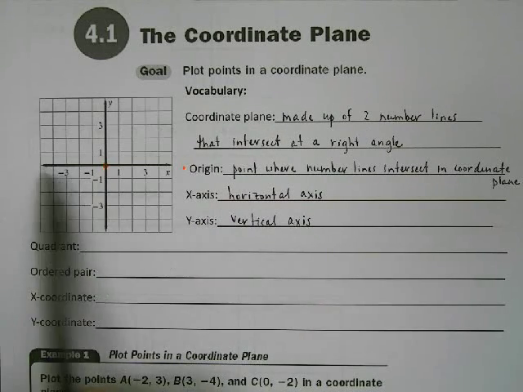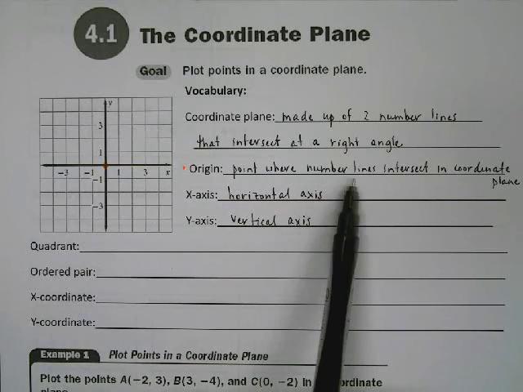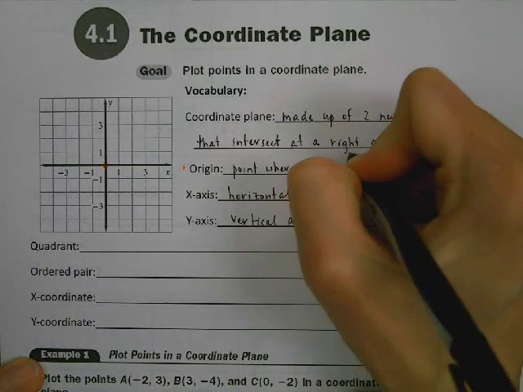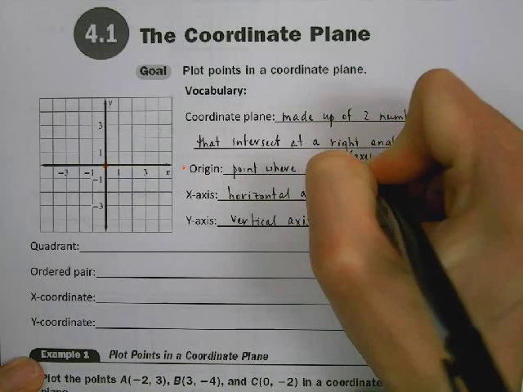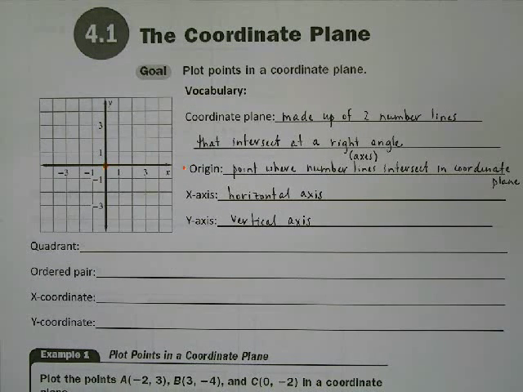So far, the important things: we have our x-axis, our y-axis, and then the origin is the point where our axes intersect in the coordinate plane.